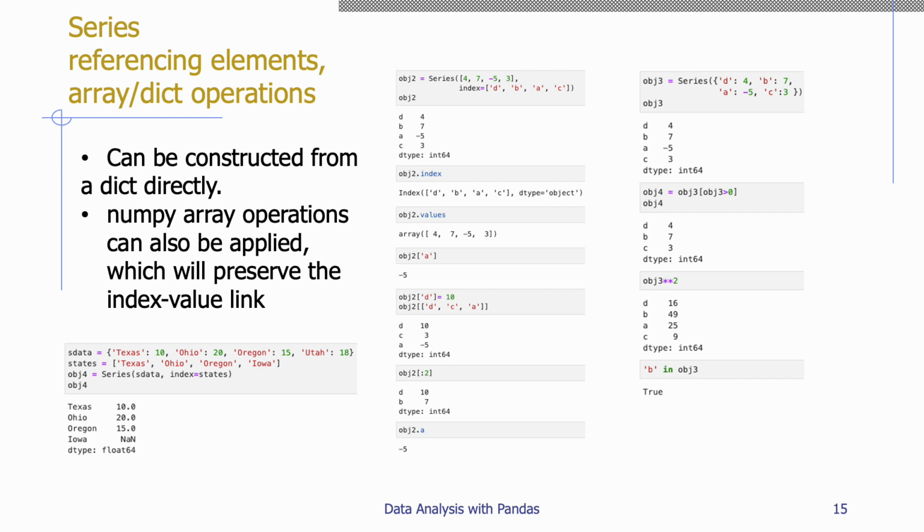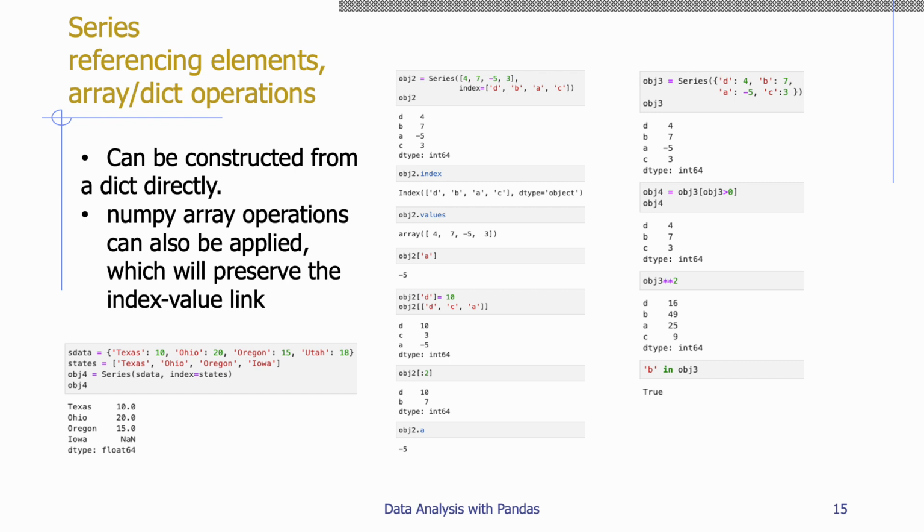You can print the index of this data with obj2.index, that's the syntax for that. And you can also print the values for each index, which is obj2.values.